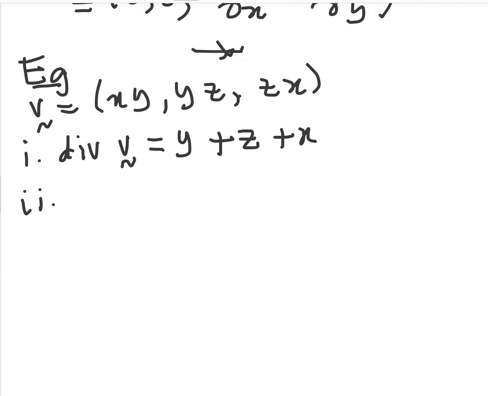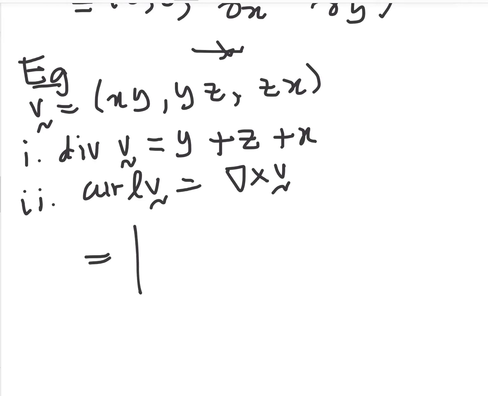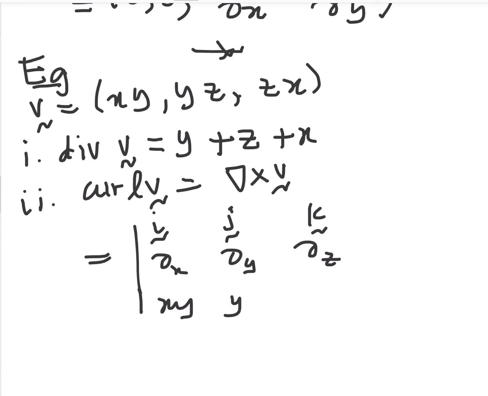If you're doing the curl of the vector field V, then that is of course del cross V, which in terms of cross products is given in the following way. We have partial with respect to x, partial with respect to y, partial with respect to z, and then we have xy, yz, zx.